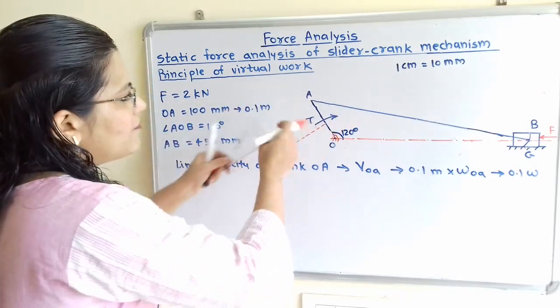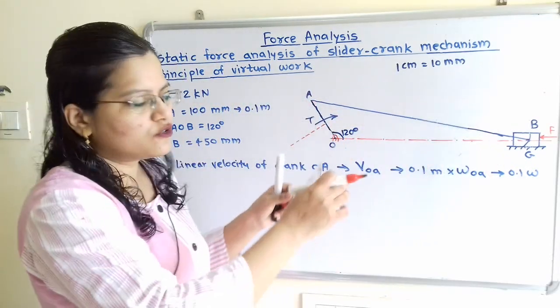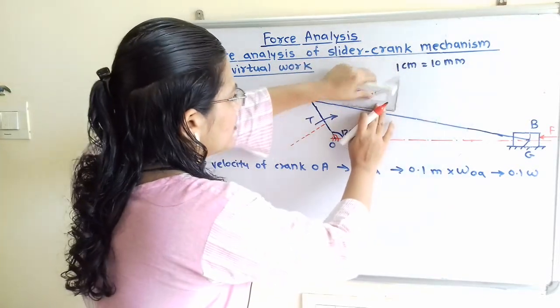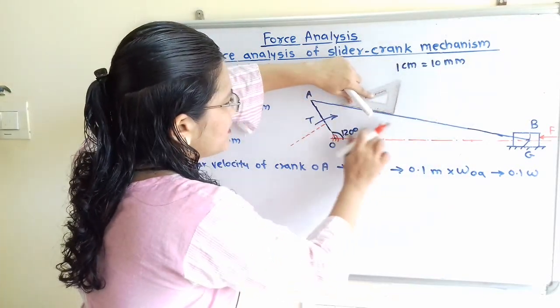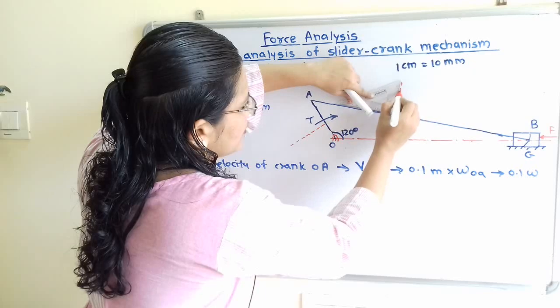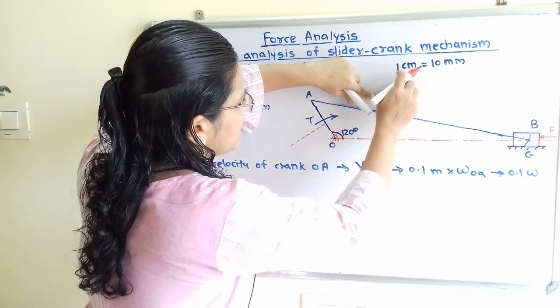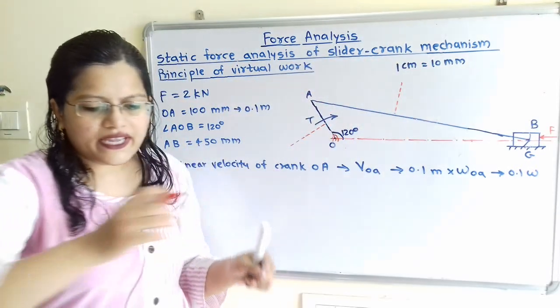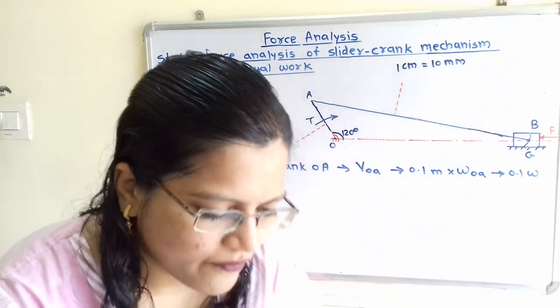In the same way, for this connecting rod AB also we have to show the perpendicular line. So I align one edge, and along the second edge is the perpendicular line. Now we can easily draw the velocity diagram.